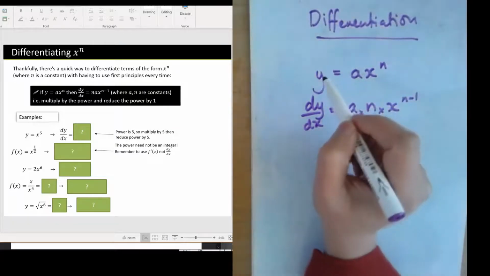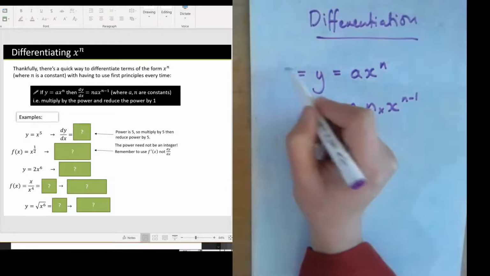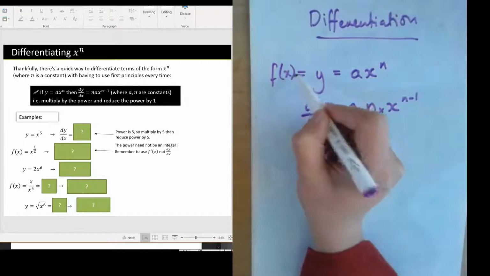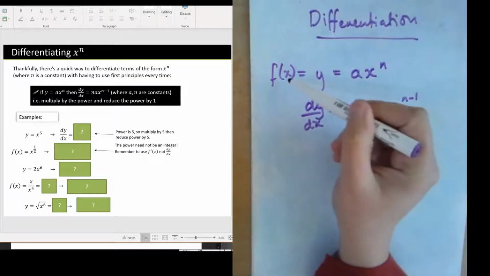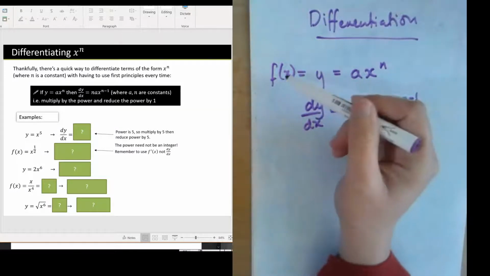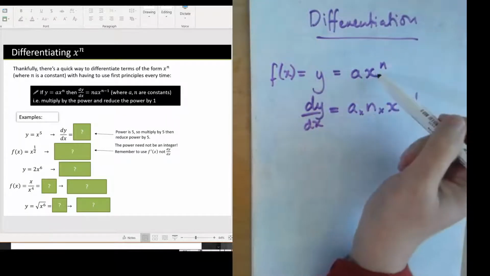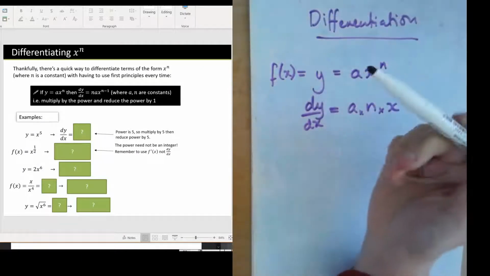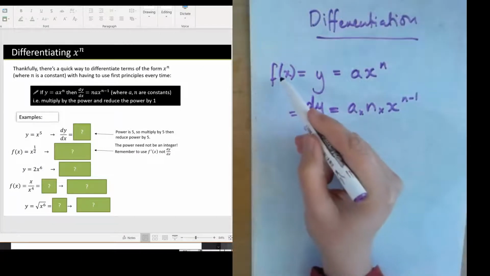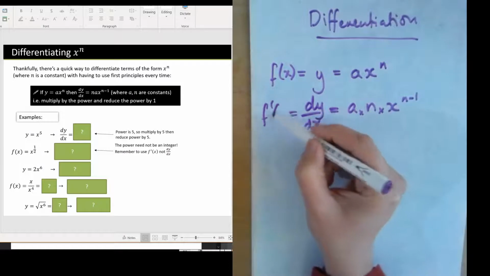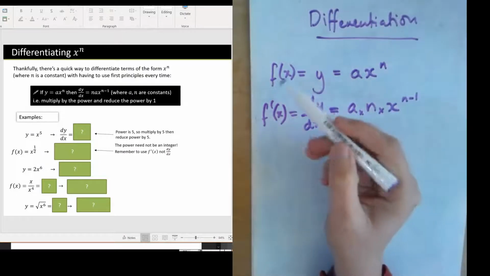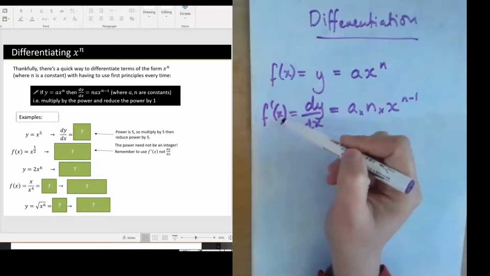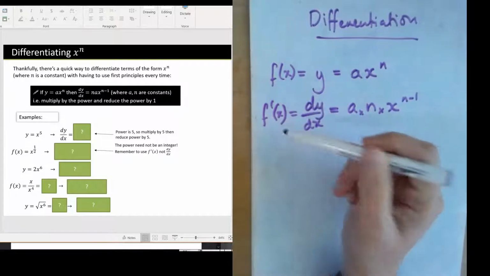From your functions, you should also be aware that f can sometimes be written as a function of x. The input is x, the output is the function of x. That's exactly what y is. The input is x, the output is whatever y is. When I'm writing the first differential for this, you just add an apostrophe. That's my function, and that is the first differential of this function.